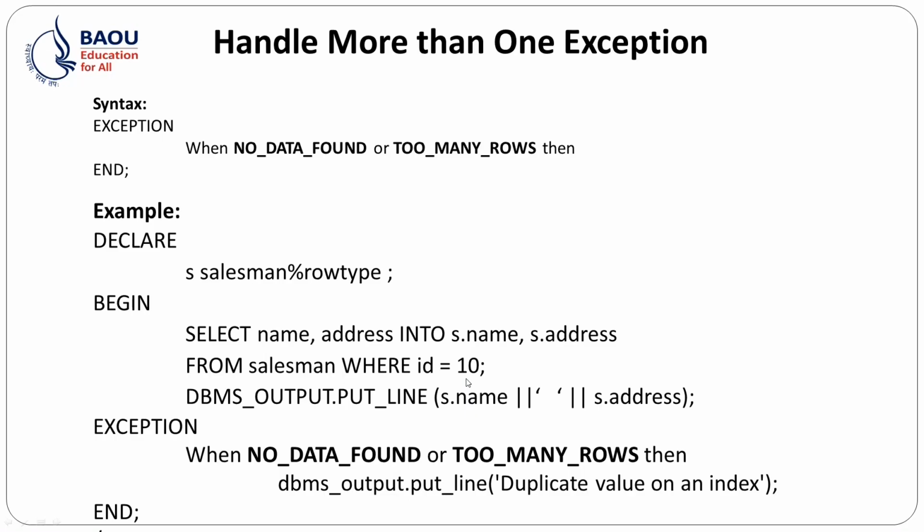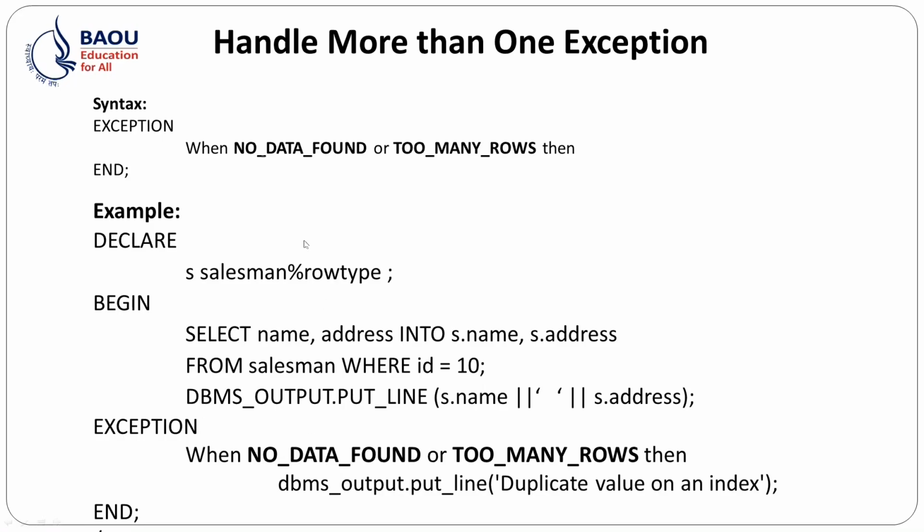But if there are two situations, no data found or too many rows, and this error occurs, then it will be handled by this. When no data found, if there are no records whose ID is 10, or there are too many rows, then the output is displayed, duplicate value on index, or we can say there are no records.